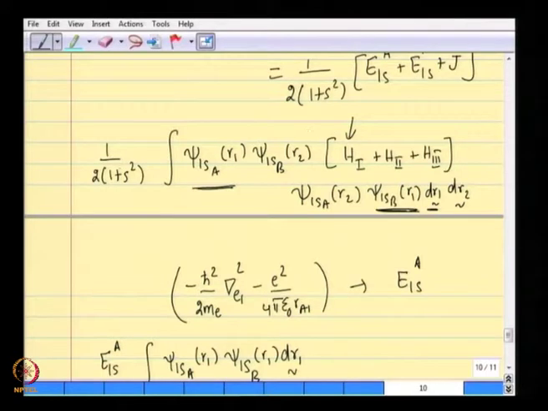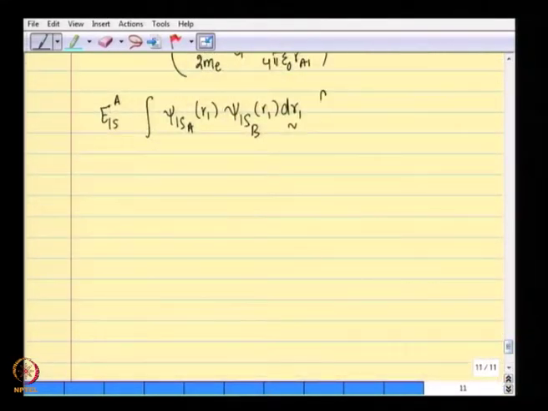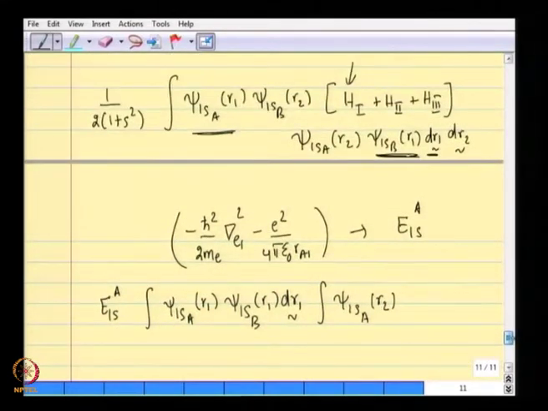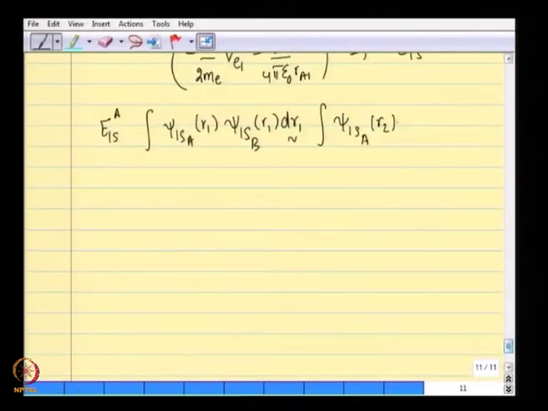This Hamiltonian has given already the E1s A, and the remaining is of course the integral psi 1s A of r2, psi 1s B of r2, dr2.